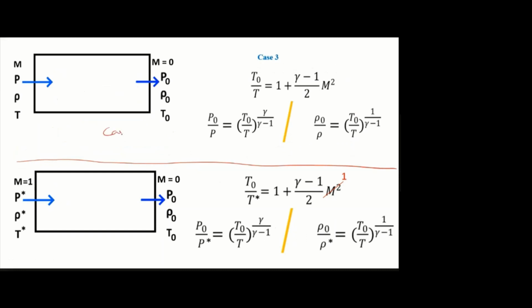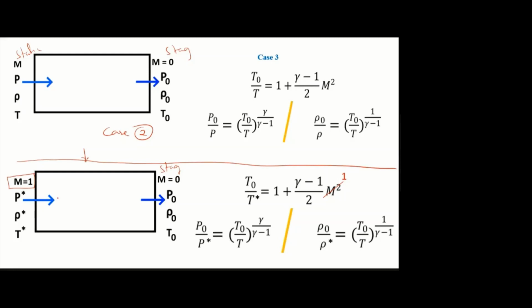So this is case 2, where we related static and stagnation. Now I am going to derive sonic and stagnation. You know, sonic means Mach number will be 1, and the properties we denote as P star, T star, rho star. This side is stagnation only.